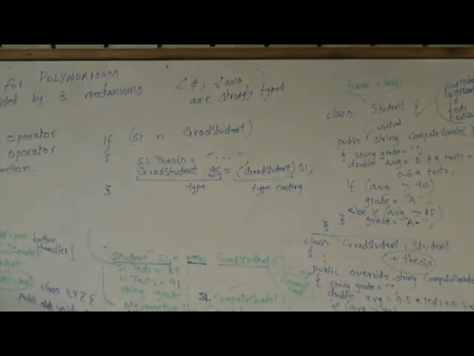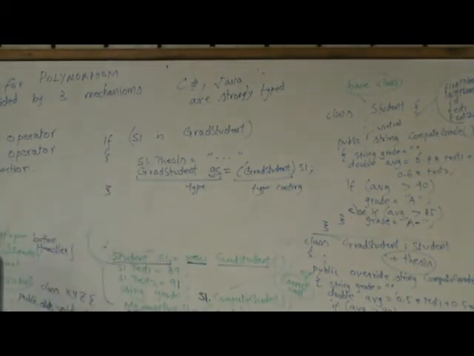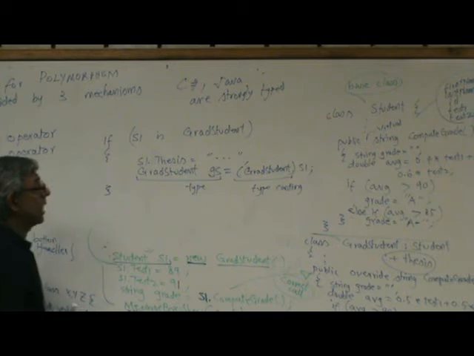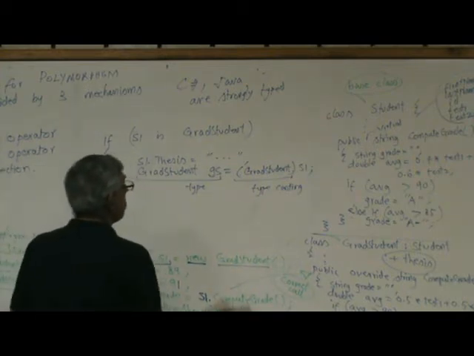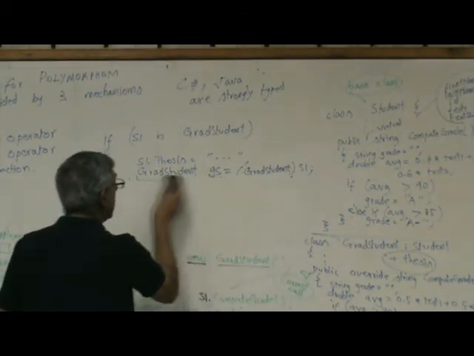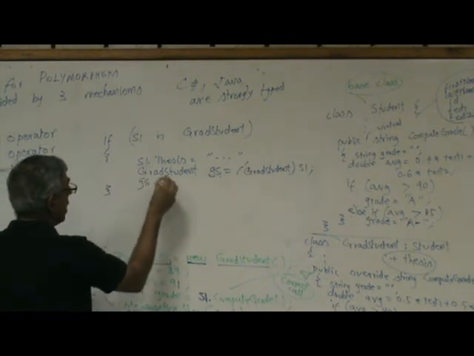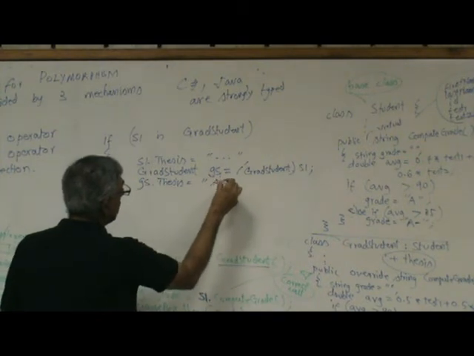So think of it as a type conversion from one data type to another. So we are saying convert student to grad student. Now the type of the right hand side is grad student, type of left side is grad student, so this will work. So now we can go through GS dot thesis equal to whatever, advanced OOP.